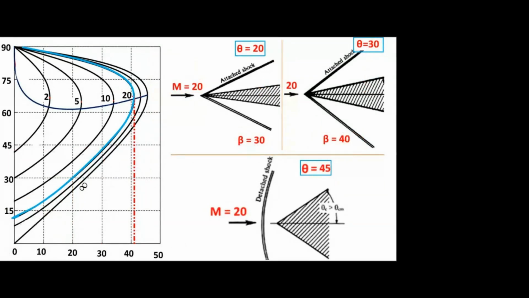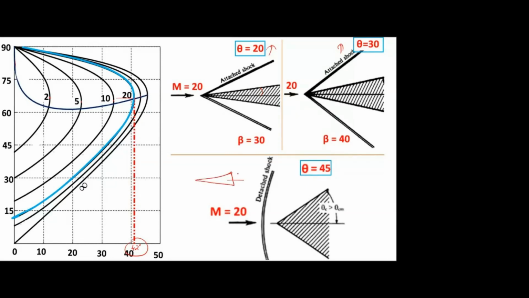So for this Mach number 20, only up to maybe 41 or 42 degree will I get some beta value. After that there are no values. So what it states, you can see, is that if I increase theta, beta also increases. For example, this is the model.